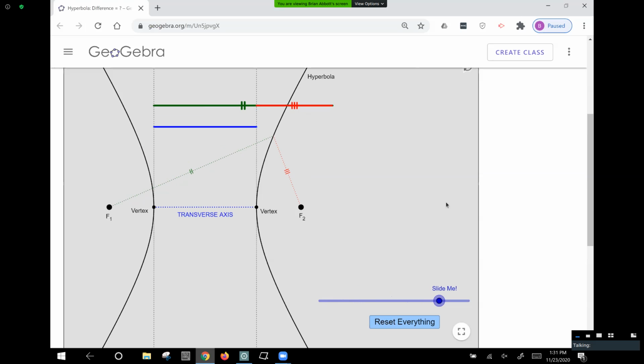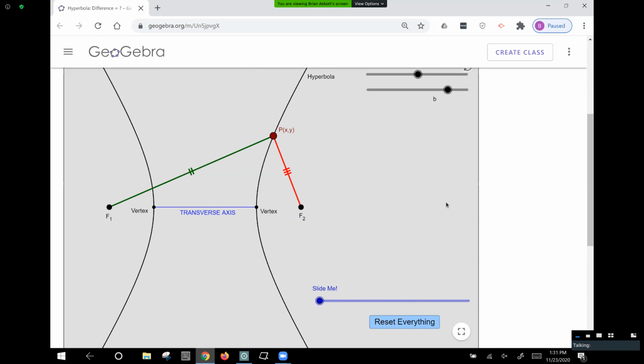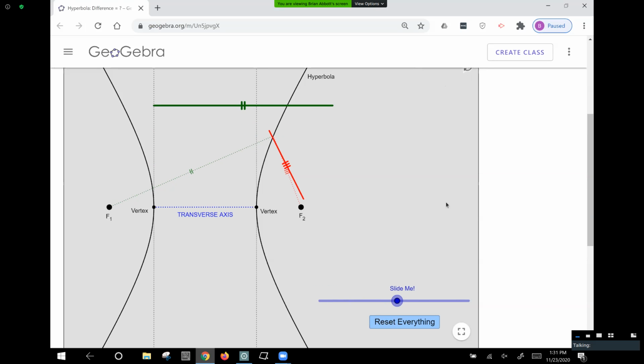As I drag this slider, it's going to put one distance on top of the other, and then you can visually see the distance there. The idea is to emphasize that subtracting the two distances gives you the distance between the two vertices on the transverse axis.